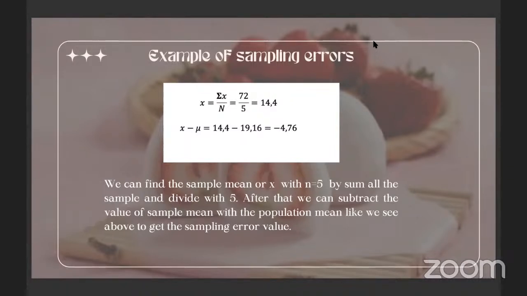After that we subtract the mu, that is the population mean from the previous slide: 14.4 subtract 19.16, and we get minus 4.76. That is the sampling error value using this formula, x bar minus mu.